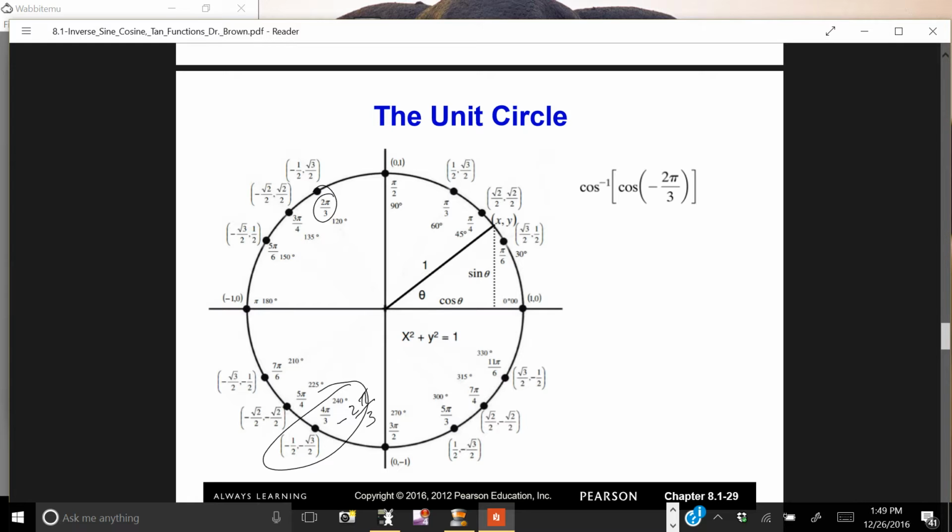And we want to find an angle whose cosine is the same as minus 2 pi over 3, and its cosine value is minus 1/2.